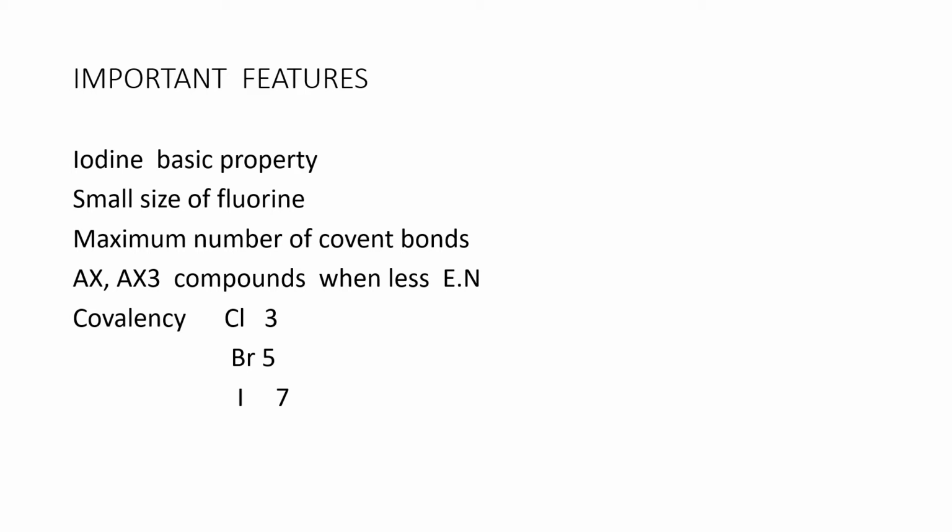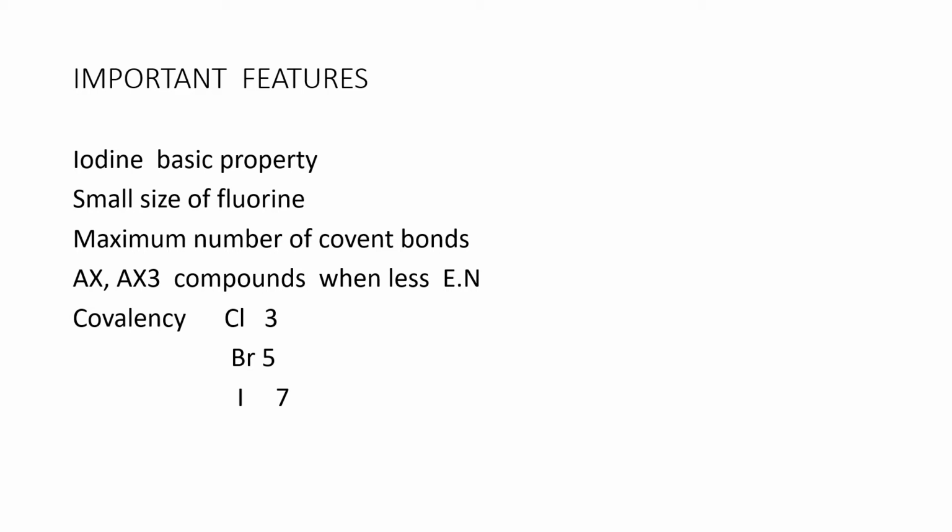Now come to oxidation numbers. In AX type, such as ClF, BrF, ICl, BrCl, IBr, in ClF chlorine is in the +1 state and fluorine is in the -1 state, and in ICl iodine is +1 and chlorine -1, and so on.